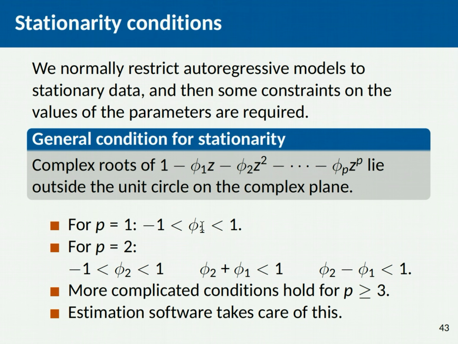For example, the absolute value of phi 1 is going to be less than 1, which is displayed right here. Then there are different restrictions for AR2 models, and the restrictions become more complicated for higher order autoregressive models. What you really need to know is that most software can take care of this very well.